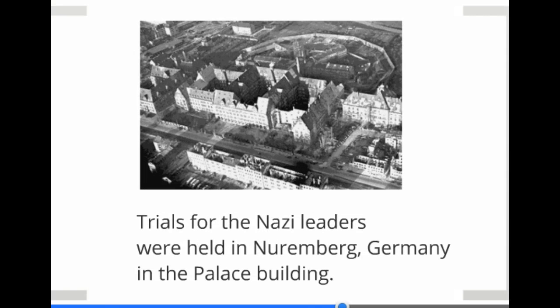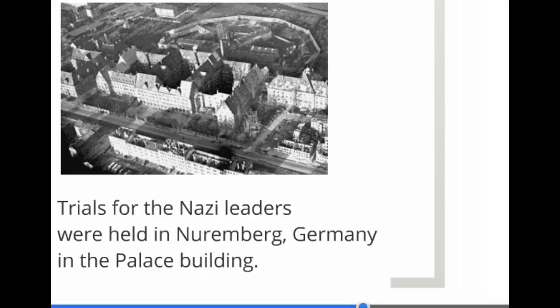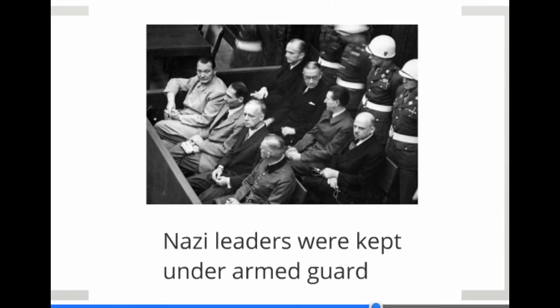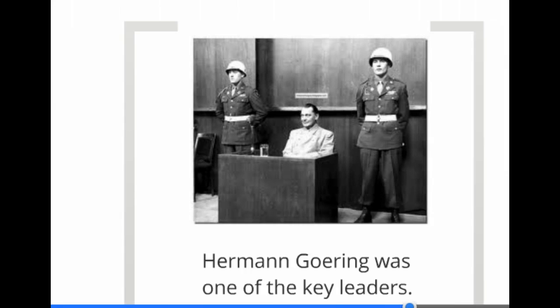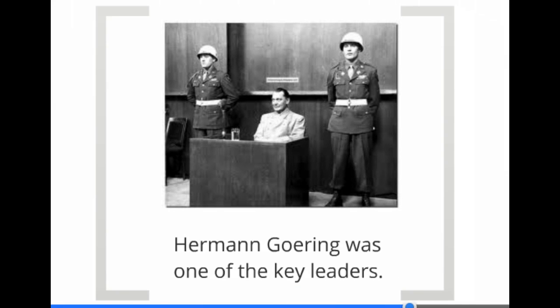War crimes trials were held after the war for the German Nazi leadership in Nuremberg, Germany, where the leaders were held accountable for their actions.